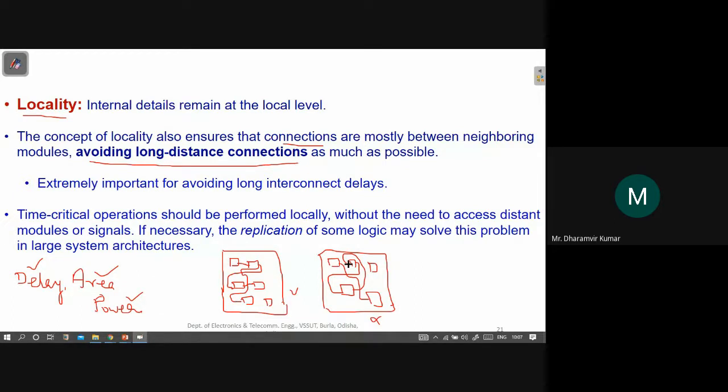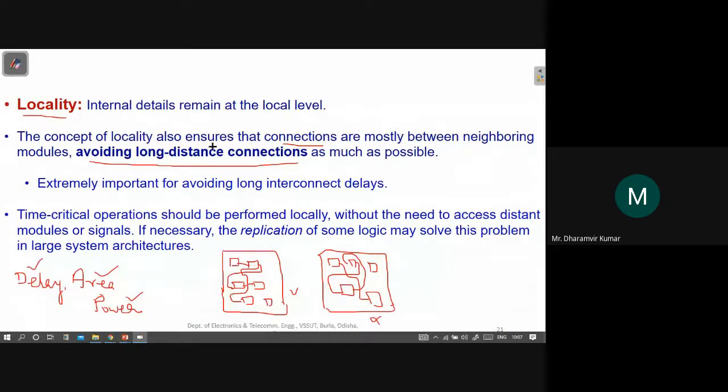Also, when the interconnections are large, then the power dissipation and area consumed would also be more. Okay, so overall, the performance of the chip degrades when it uses these long interconnections. So that's why it becomes very important to avoid long distance interconnections or long distance wiring between different smaller modules.